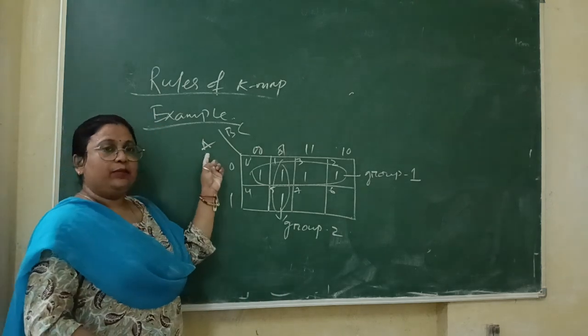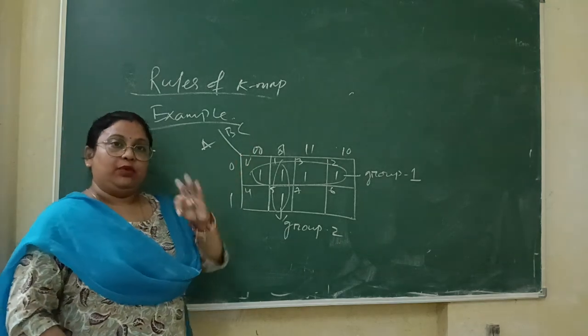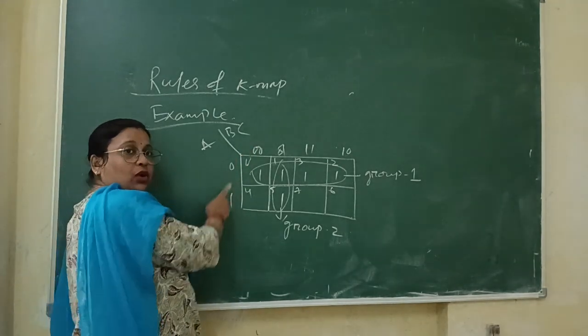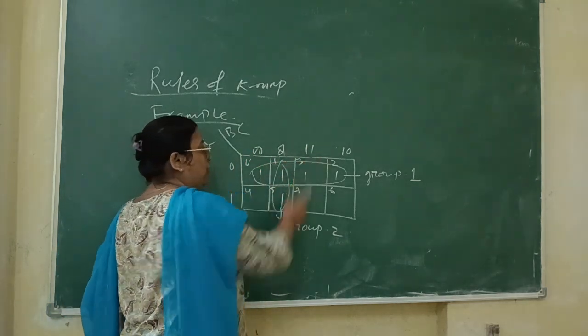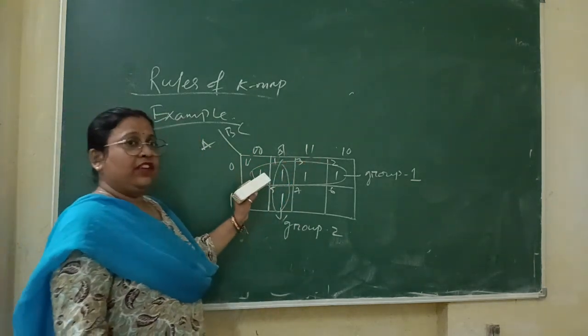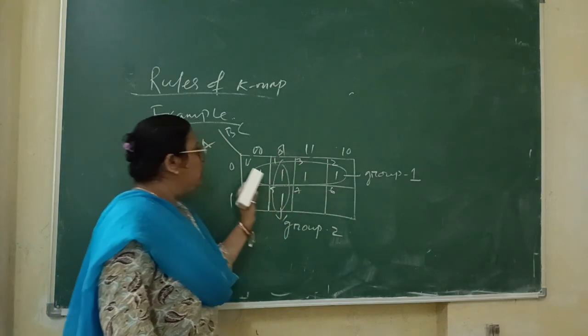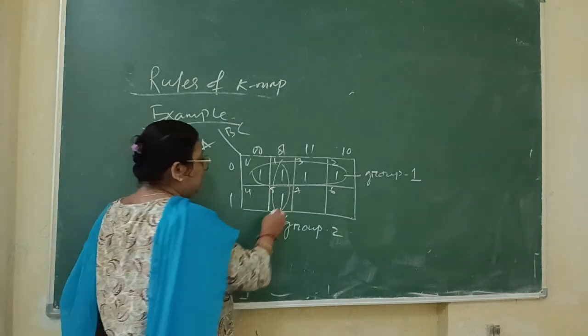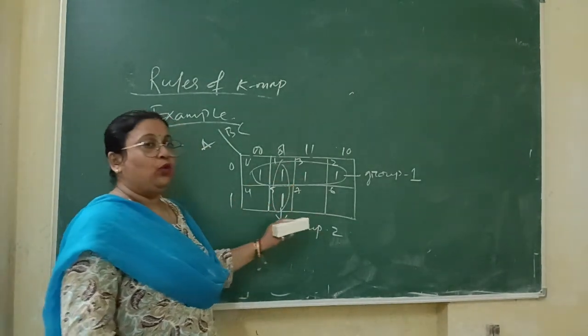Here I am taking an example. 3 variable K-map, A, B, C are the 3 variables and we are putting 0 and 1 in A and BC: 00, 01, 11, 10. Now here the values are given: in cells 0, 1, 2, 3 we have to put 1. Similarly in 5 we have to put 1. We have to minimize this expression.